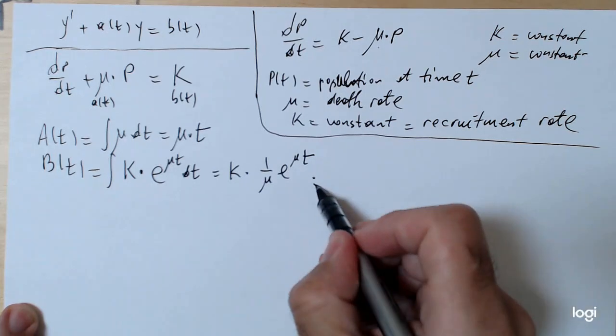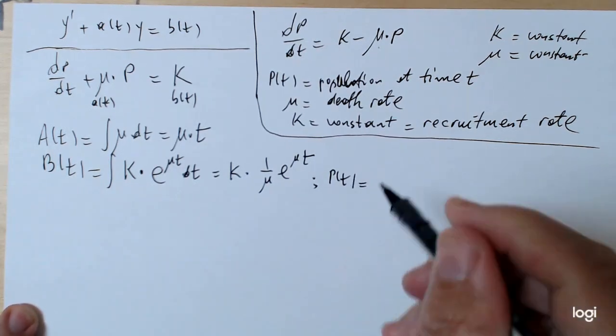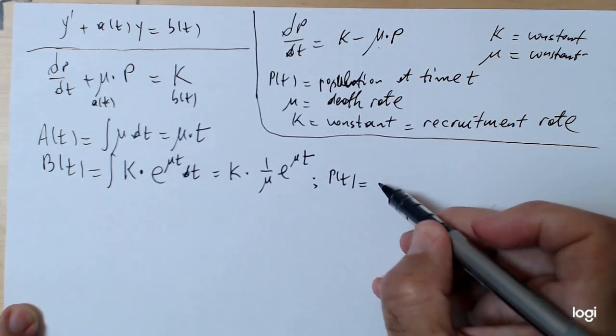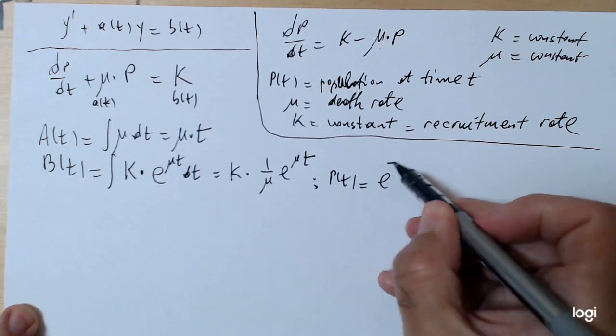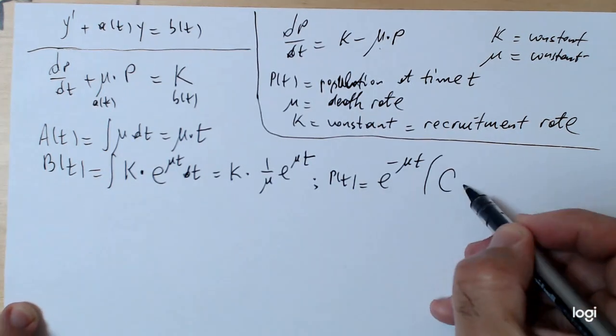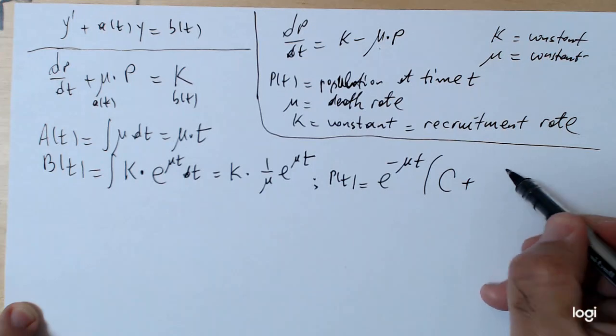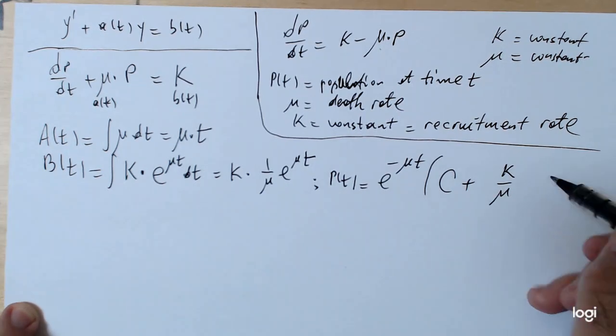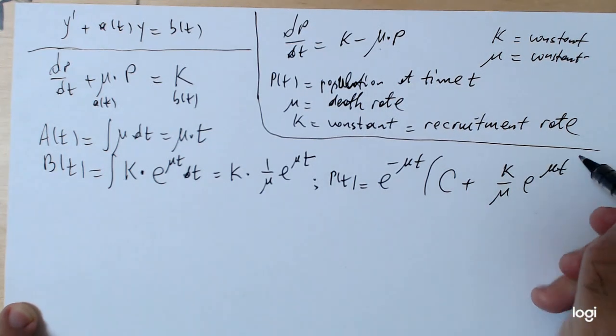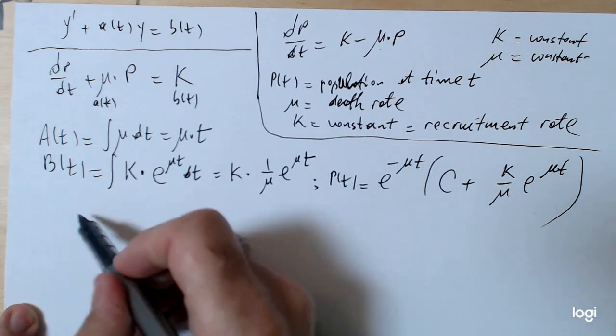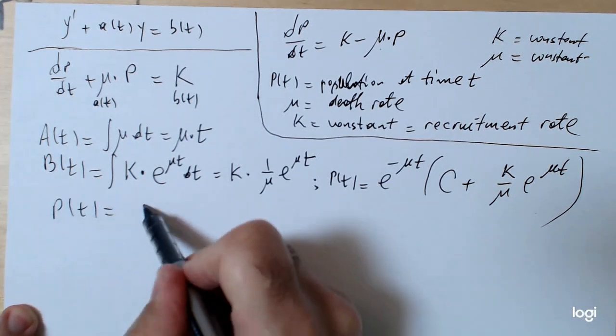And then, of course, p of t, the full solution, would be e to the minus a of t, some constant of integration, plus b of t, which is k over mu e to the mu t. And let's write this same thing without parentheses.